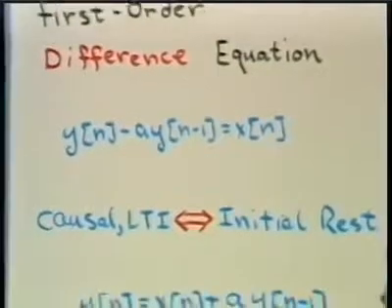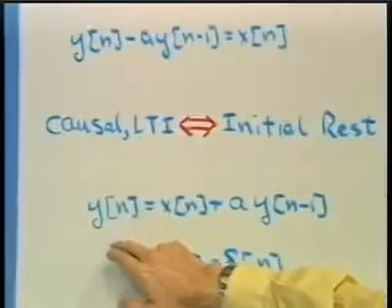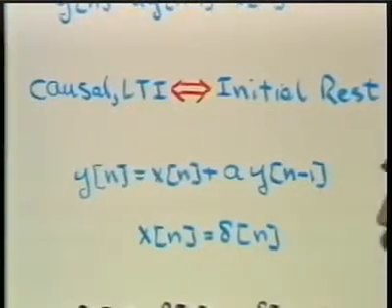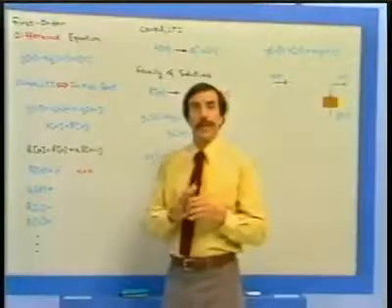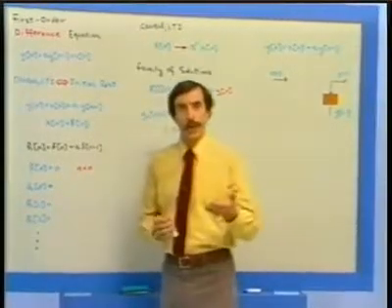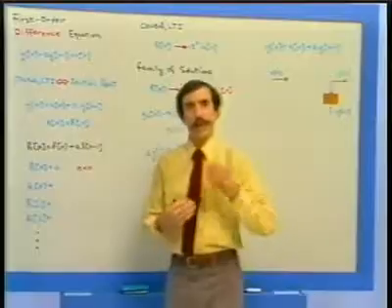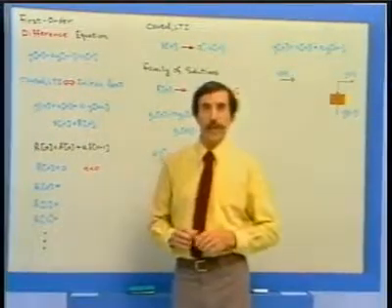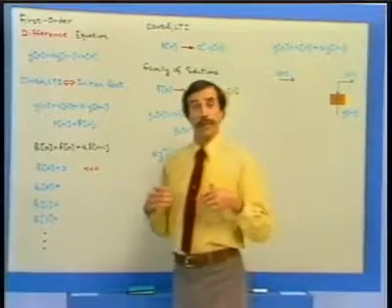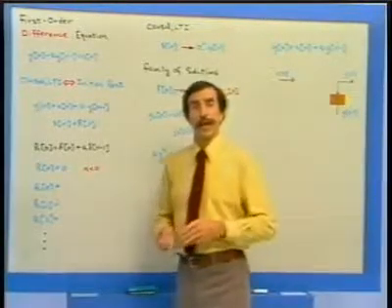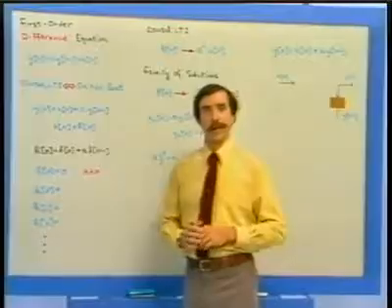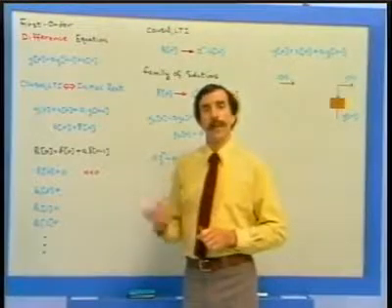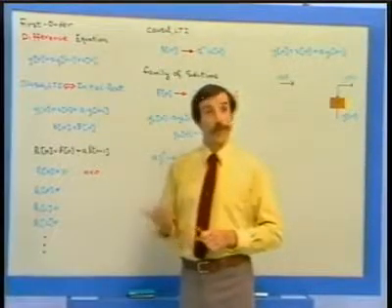We can rewrite the first order difference equation by taking the term involving y of n minus 1 over to the right-hand side of the equation. Now this gives us a recursive equation that expresses the output in terms of the input and past values of the output. And since we've imposed causality, and we're talking about a linear time invariant system, we can now inquire as to what the impulse response is.